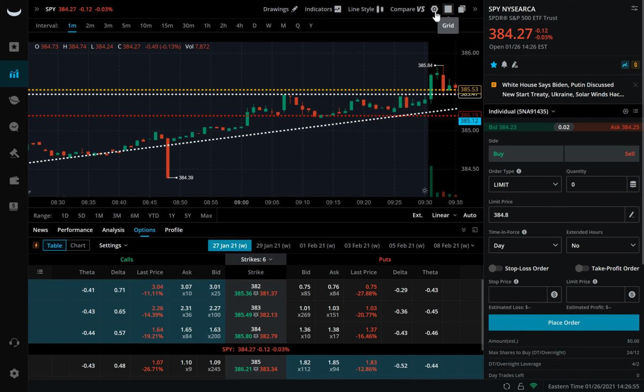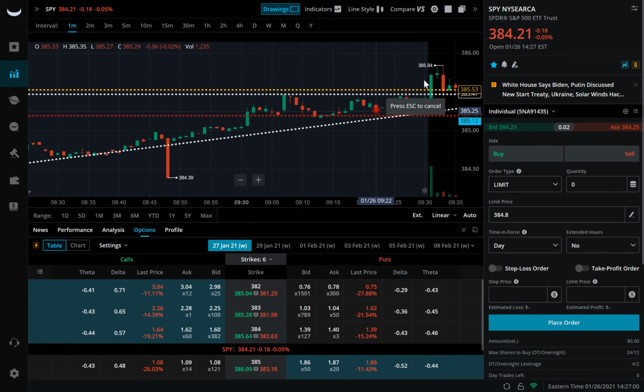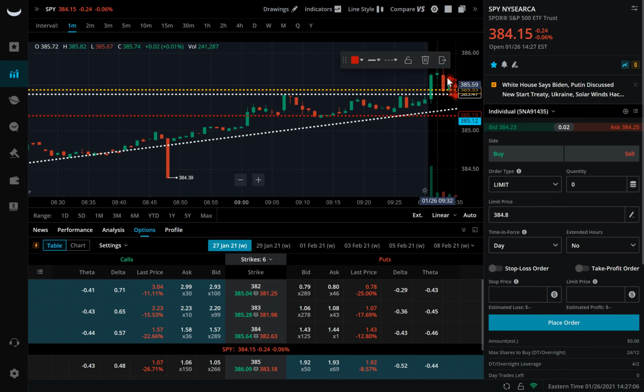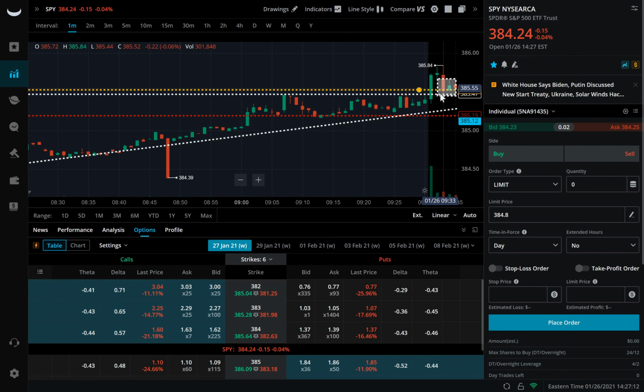So what I was thinking is, with the drawing tool, we'll get a rectangle and we'll draw from here to here, expand that there was consolidation built up here, and that there were going to be buyers entering and basically scaling in.